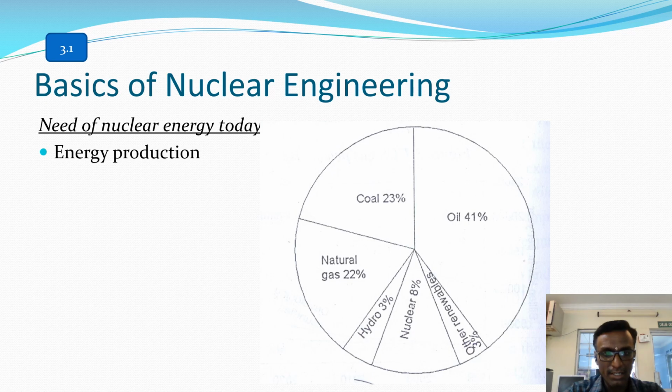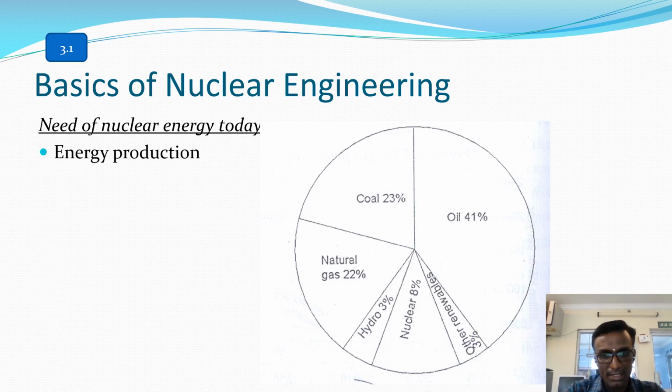So under the basics of nuclear engineering, we have to know what is the need for nuclear based power plants. As we see here, the coal based power plant is typically 23%, and from oil we will be getting around 41% of the power, and from natural gas we are supplementing the power usage to 22%. And where we are lying is that with the nuclear power plant around 80% of the power needs have been satisfied.